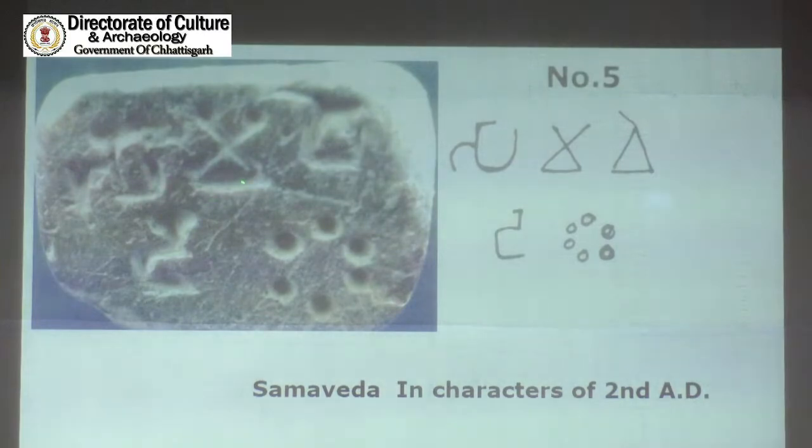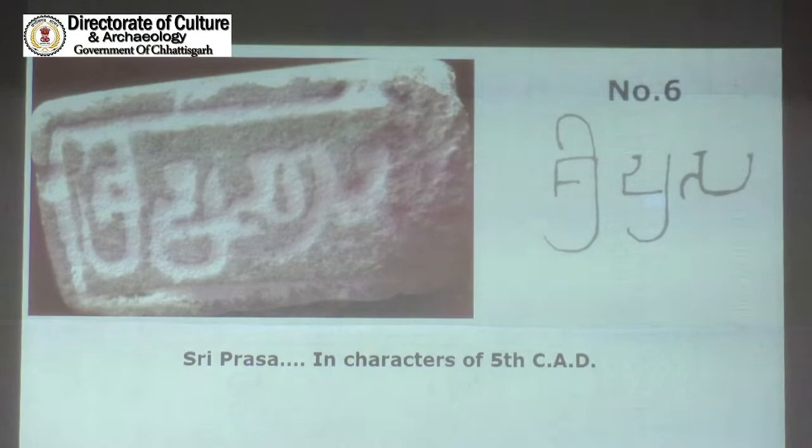Again, because of the characters like this, and Ma especially having angularities, I have taken this to this phase, 2nd century Common Era. See, Prasanna, later they have tried to identify it with Prasanna Matra.